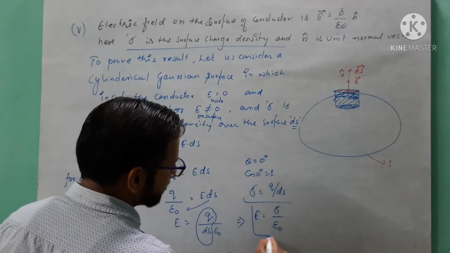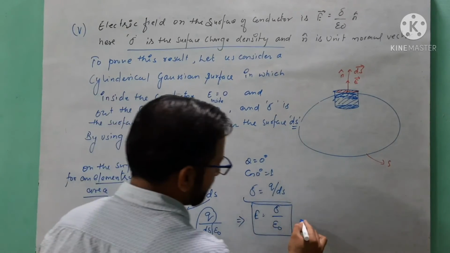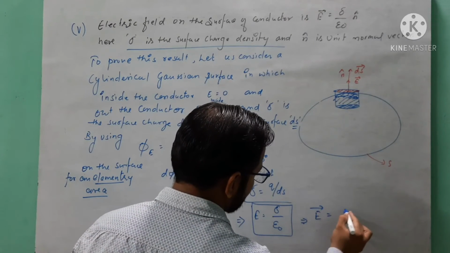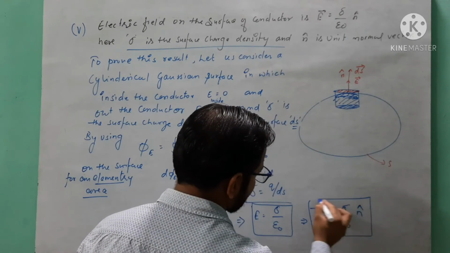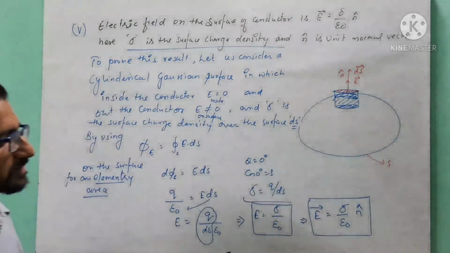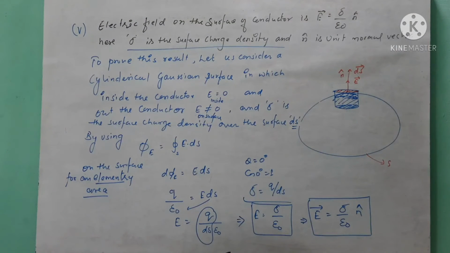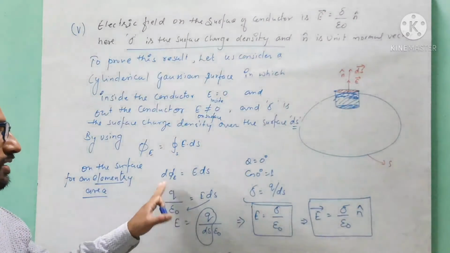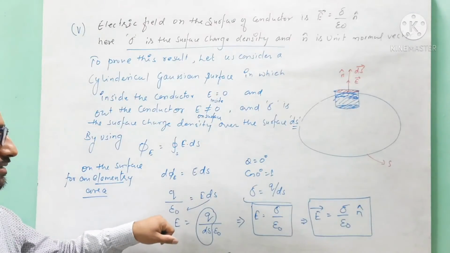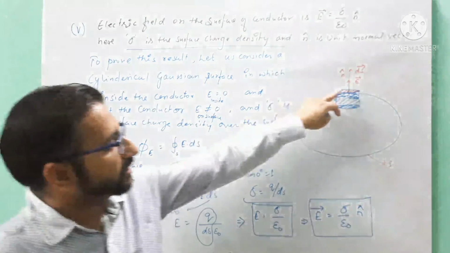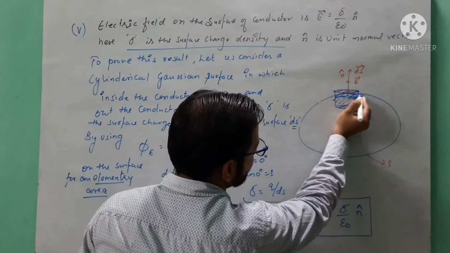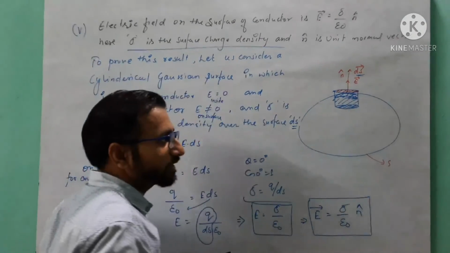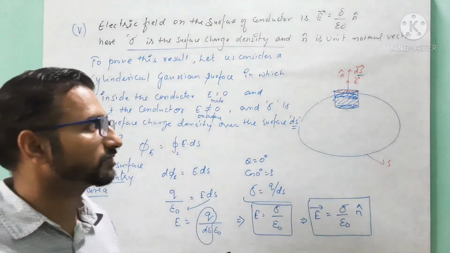Now if I write this formula in vector form, then I will use the vector symbol: sigma over epsilon naught with unit normal vector n cap. Got it? So this represents the value of the electric field on the surface. I have used previous results, by which we can say E is normal to the surface, and here the surface is ds, so it is also normal to it, and the ds vector is the area vector, which is already perpendicular to the given surface.